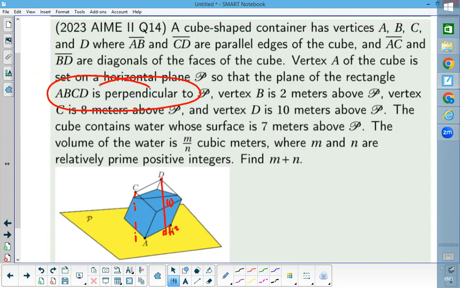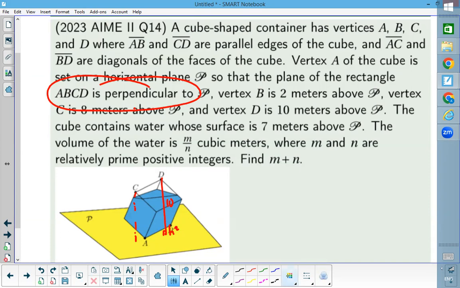What are some problem techniques? Taking a cross section, exactly, the cross section. A very reasonable cross section here is the plane ABCD.